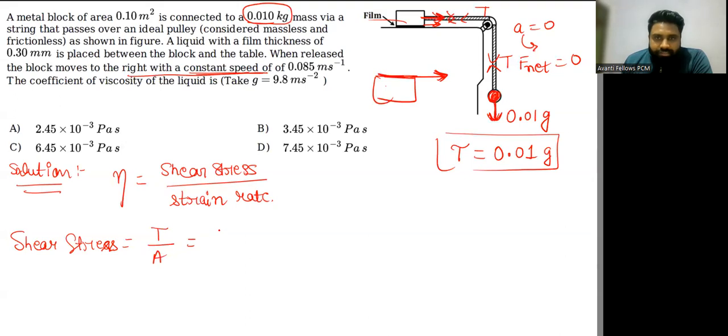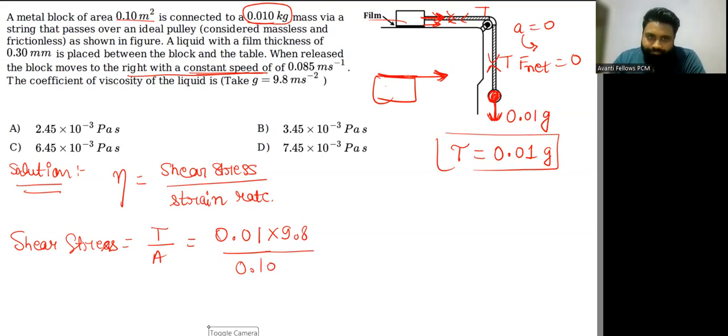Now, this tension you have calculated as 0.01 into G divided by the area, and G you have to take as 9.8. The area is given as 0.10 meter square.